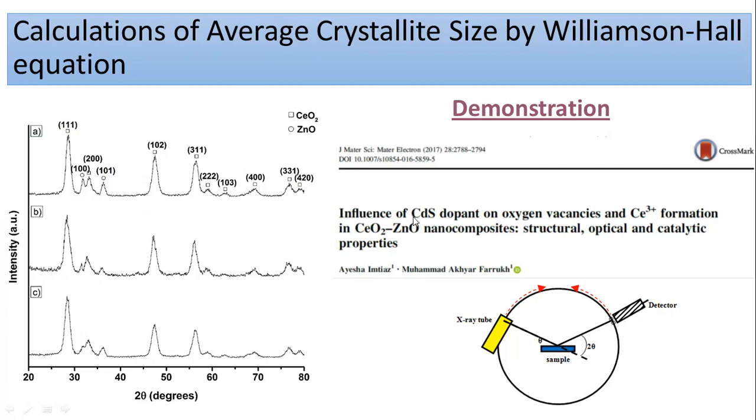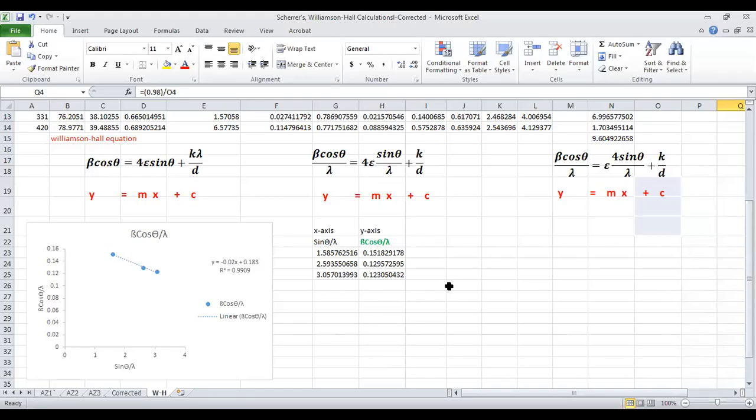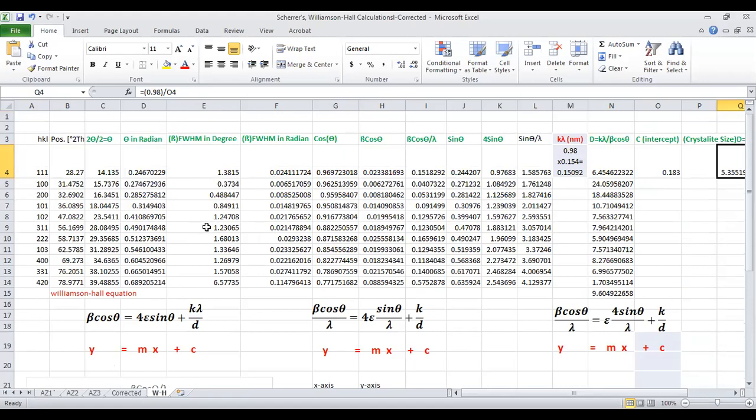Now I am going to show the Excel file over here, and let's see a very simple calculation as we have discussed before in case of the Scherrer equation. These are the HKL values as they were indicated in the XRD pattern in the previous figure, and these are the 2 theta positions, in degrees.